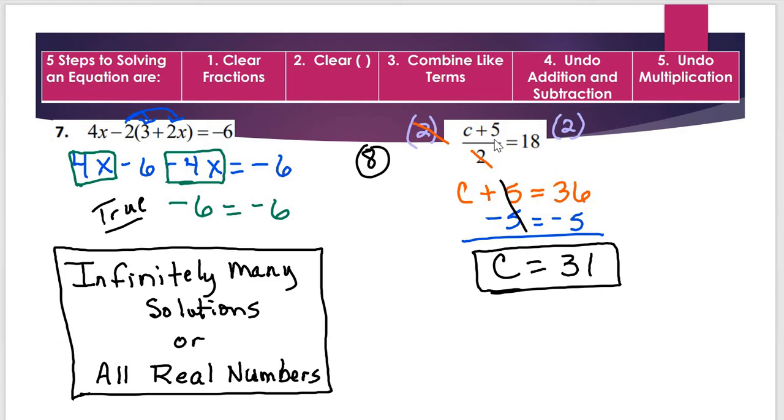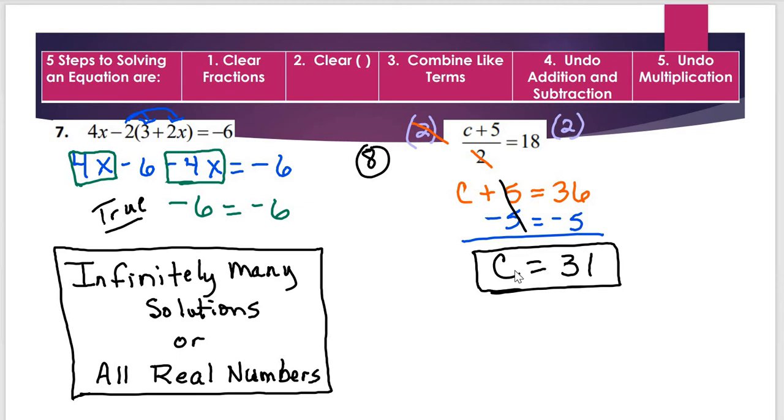Now on this side right here, you see that you have the numerator of 2 right here, the denominator of 2 right here. So you're going to multiply 2 to both sides. And when you do, this cancels out. Bring down your c plus 5. And then multiply 18 times 2 is 36 over here. We're going to undo addition, subtraction.